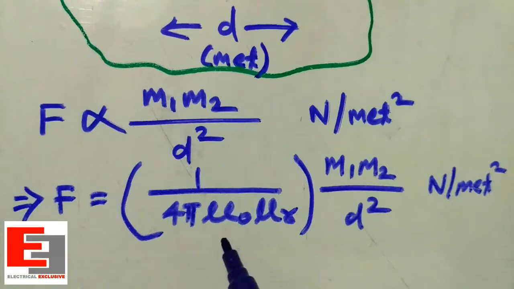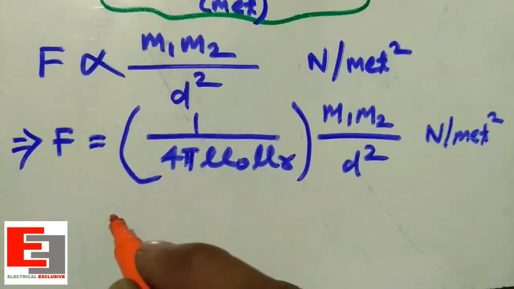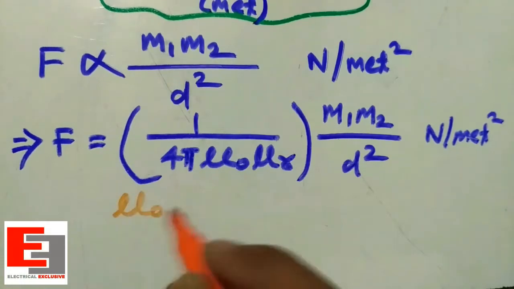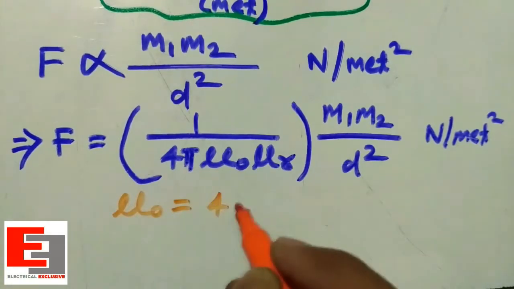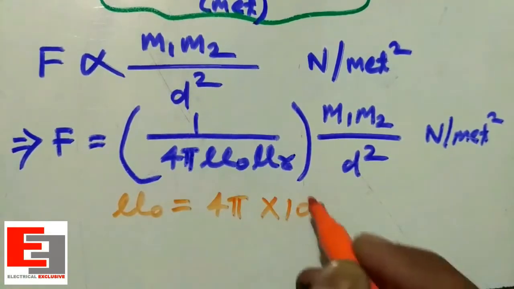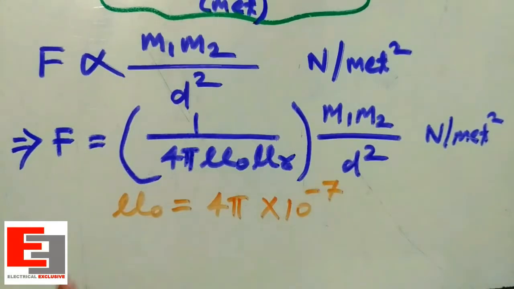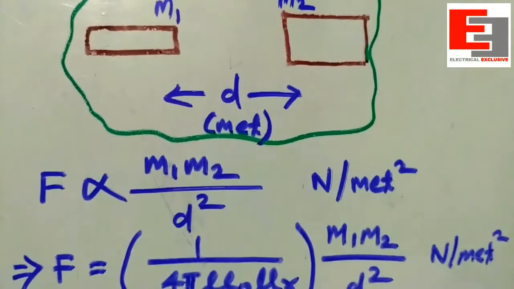Mu0 refers to the permeability of air or vacuum, whereas mu_r refers to the relative permeability. The permeability of air or vacuum, that is mu0, is equal to 4 pi into 10 to the power minus 7, and the relative permeability, which is mu_r, is equal to mu by mu0, and this mu stands for the permeability of the medium.